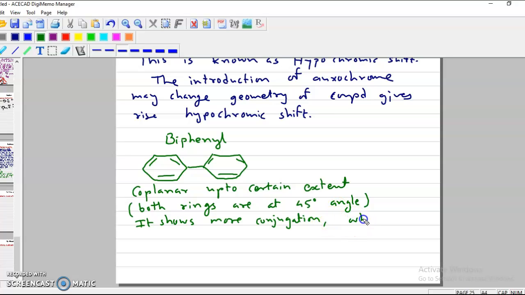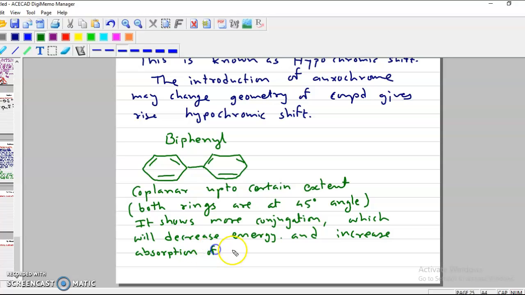Because of that, the energy will decrease, because more conjugation requires less energy. So the energy of the substance decreases and there is increased absorption of higher wavelength light.